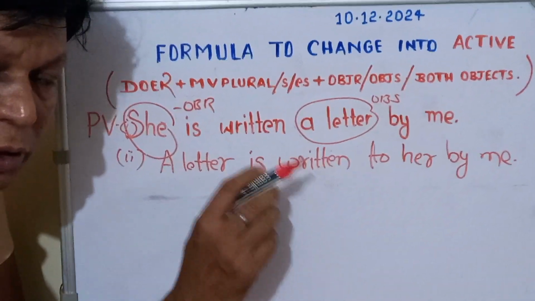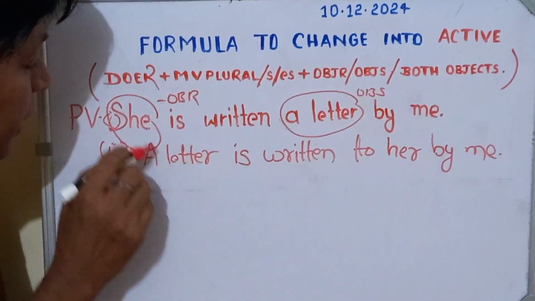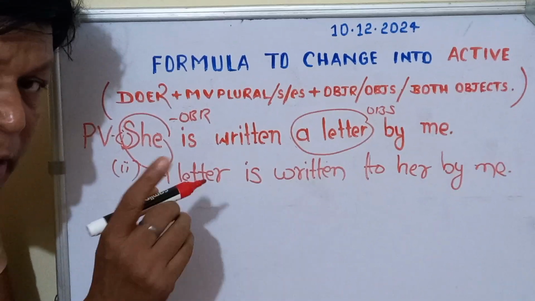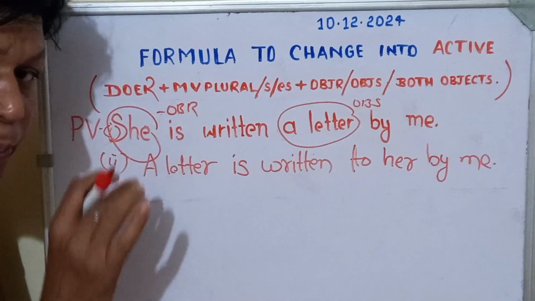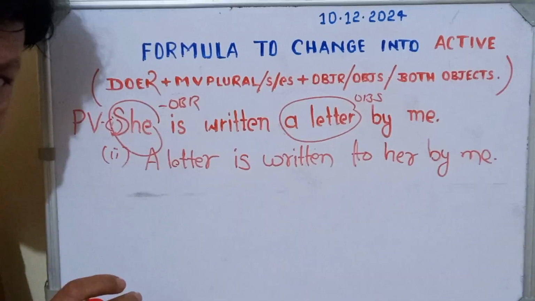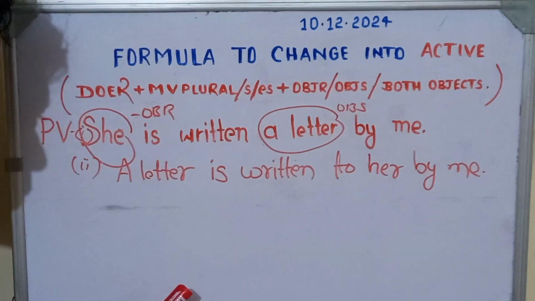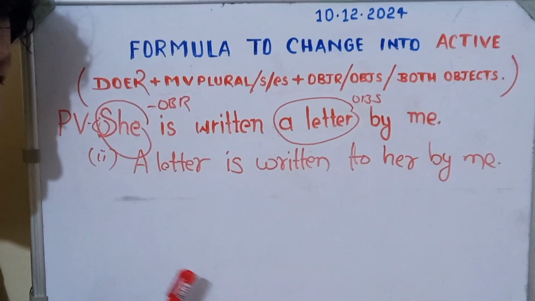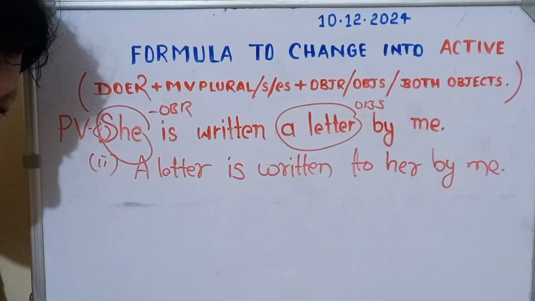So now you are seeing that here are two sentences of passive voice, and that is made from just a single sentence. And now we have to change this into active.